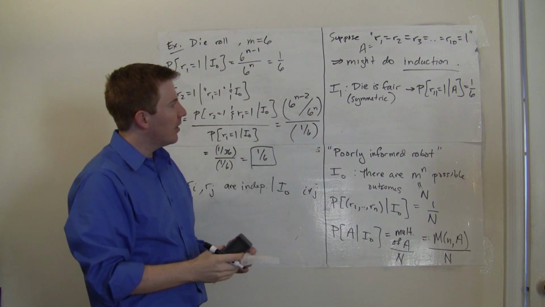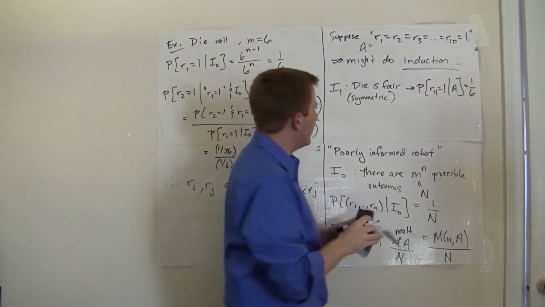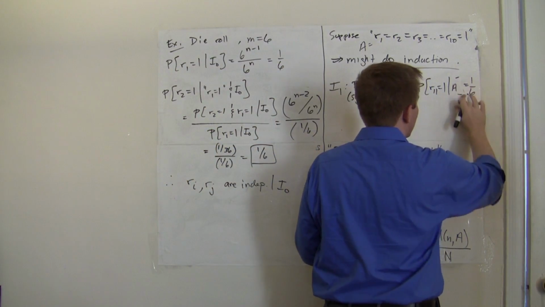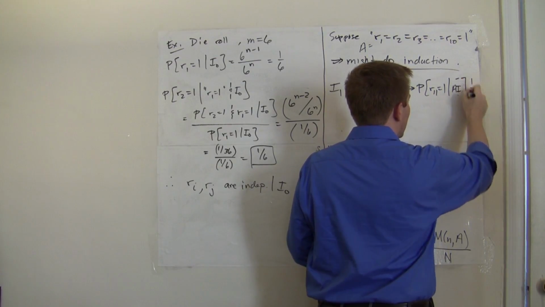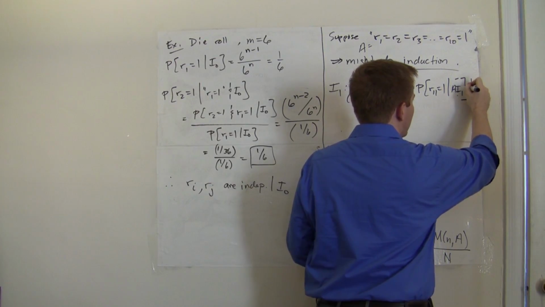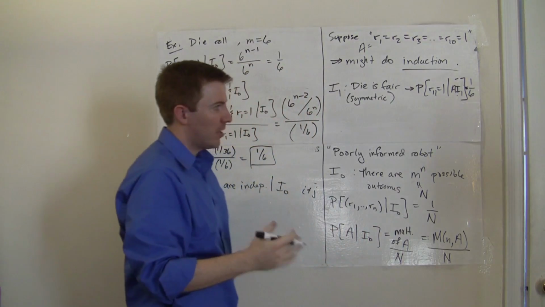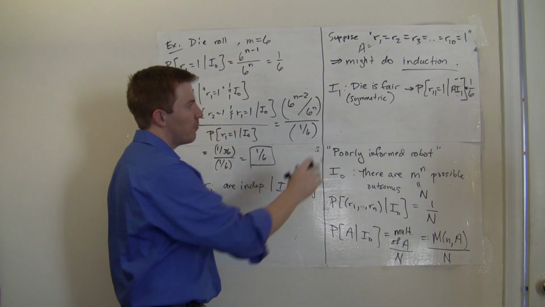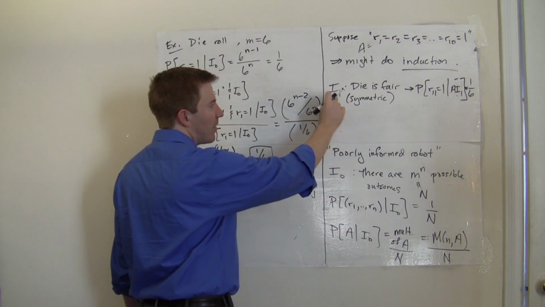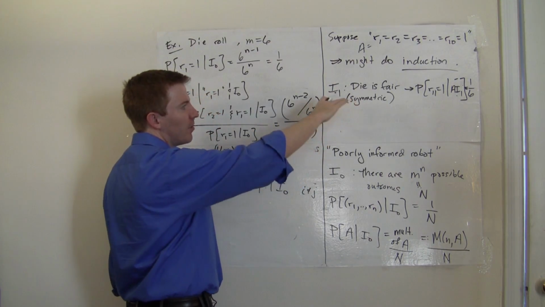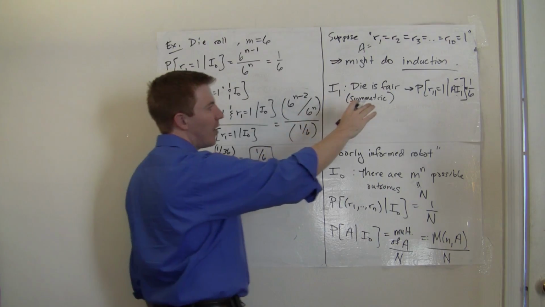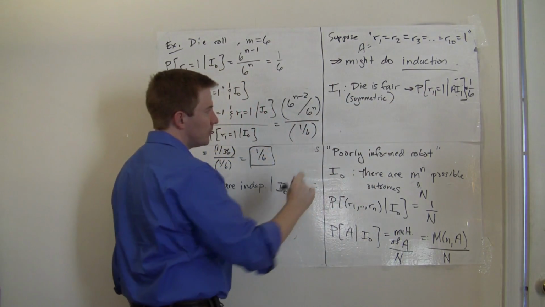But if we condition on that background information, I1, our conditional probability is going to continue to be a sixth, because through physical symmetry we have some positive knowledge of the die that prevents us from reaching any other inference about the next roll.